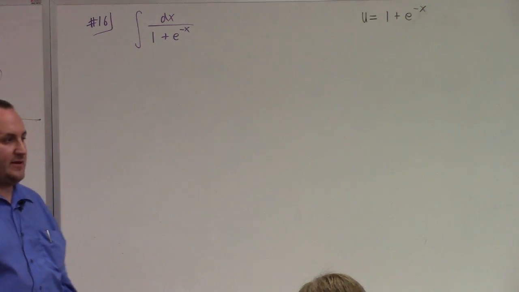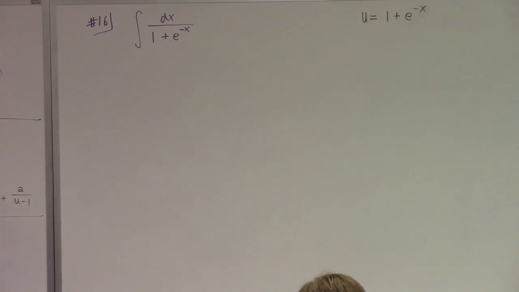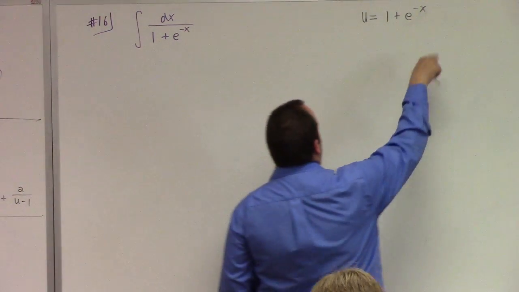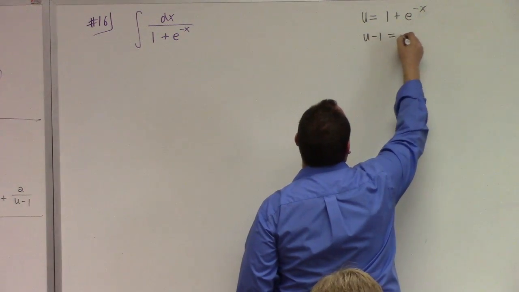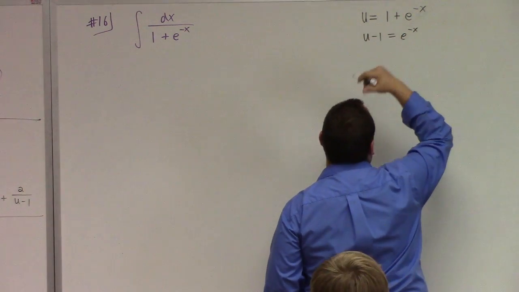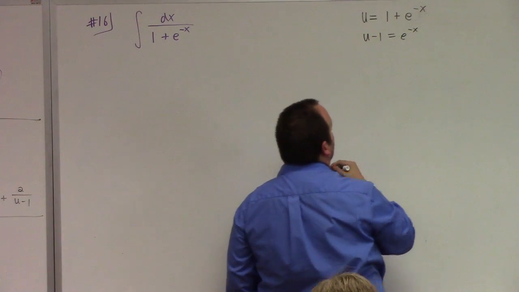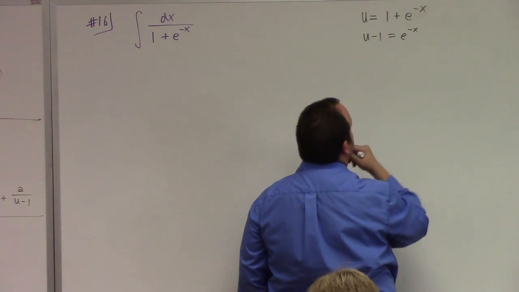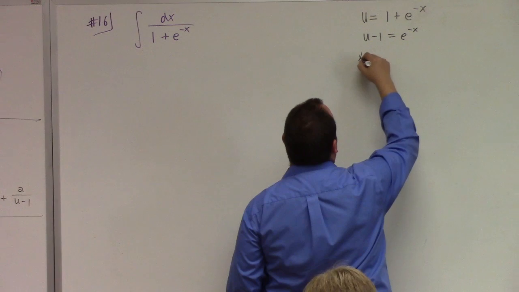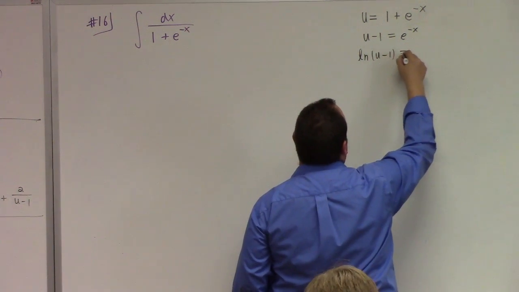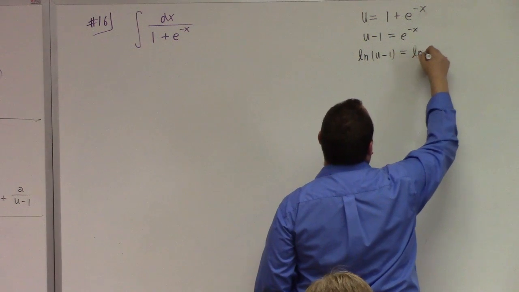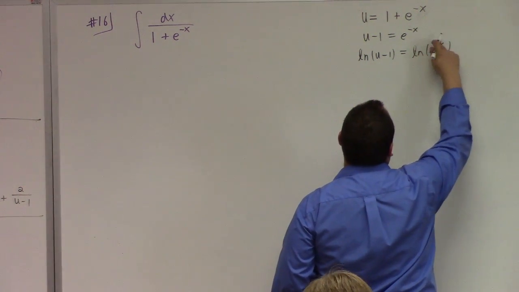That makes the denominator nicer, right? But what does that say about x? What is x equal to then? Yeah, natural log of u minus 1 equals the natural log of e to the minus x. I'm not sure this is good.